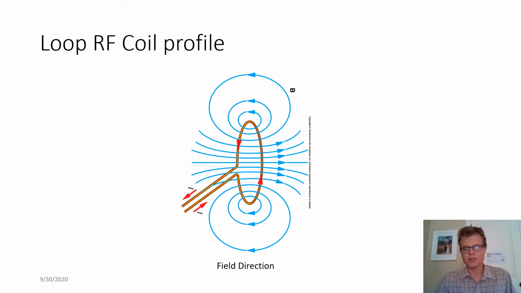And finally, I want to talk about the coil profile of one of our most common RF coil configurations, used all the time in receive arrays, which is a simple loop of wire. The birdcage I just showed is a little more complex. This is a simple loop where current is coming in around this coil and creating a magnetic field, like that.